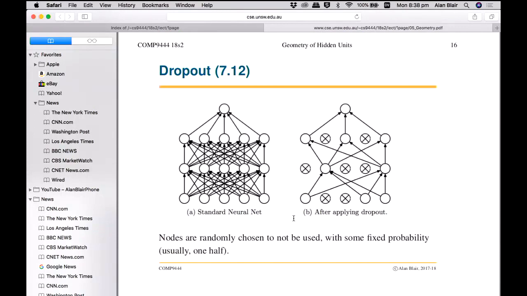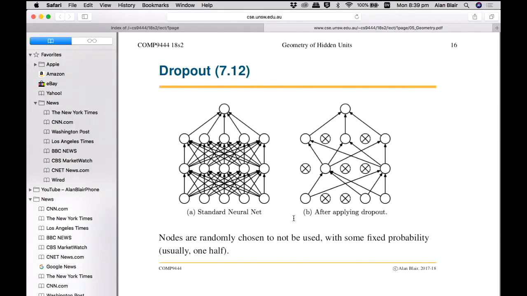From my original network, I could make 100 different networks by randomly removing 50% of the nodes, and then starting from the same network and randomly removing a different 50% of the nodes. I could create 100 networks. I could train each network on the full set of data, and then they could all vote.